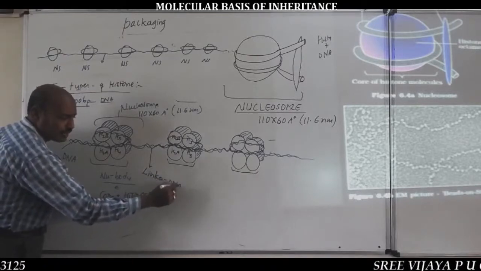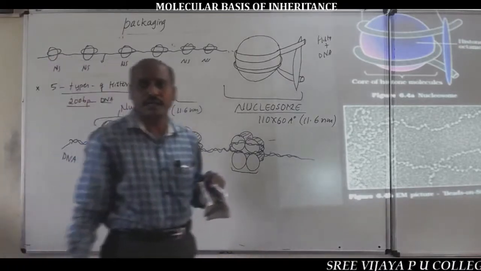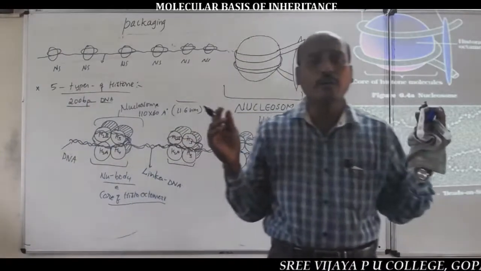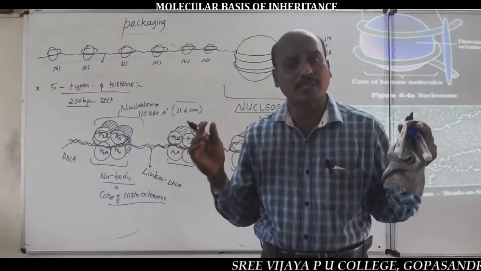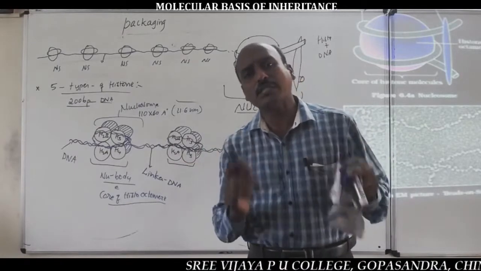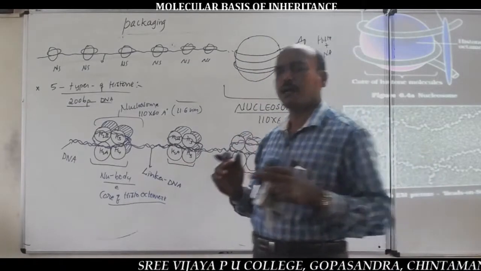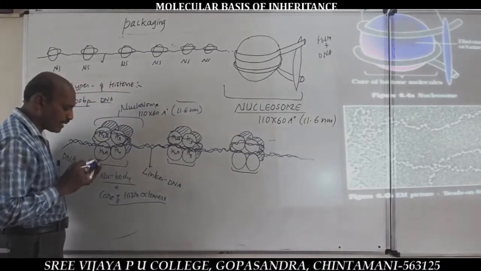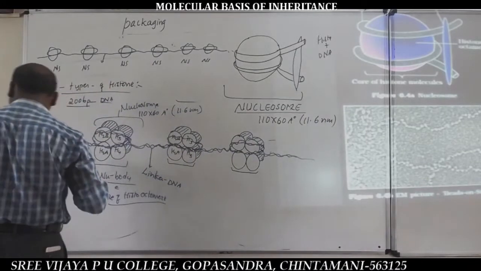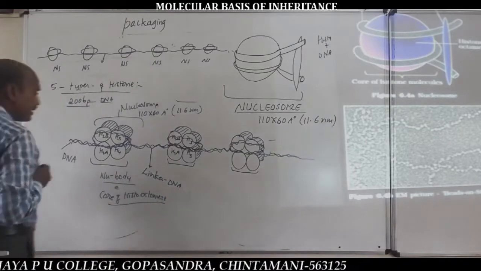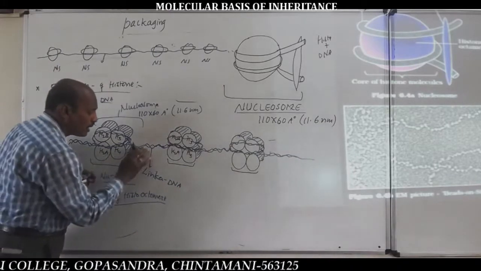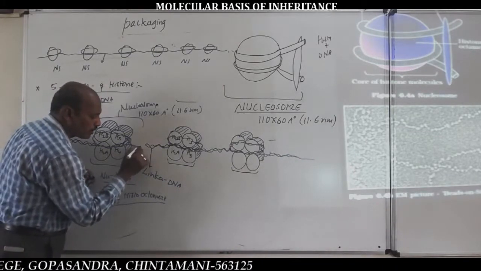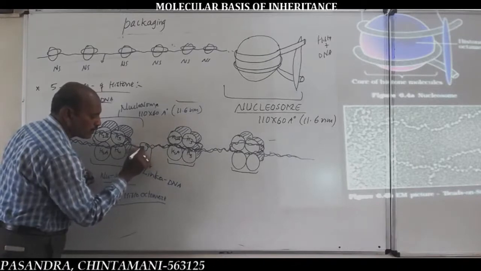One more question. Where do you find linker DNA? In between two nucleosomes of the double-stranded DNA is the position of linker DNA. And an important topic, this linker DNA is associated with, attached to H1 histone protein.